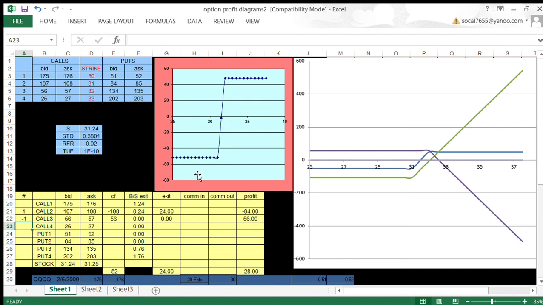Whether the stock price is 32, 33, or 576, we're going to make the same profit. So the maximum value for a call bull spread at option expiration is the difference in the strike prices multiplied by 100, here $100.